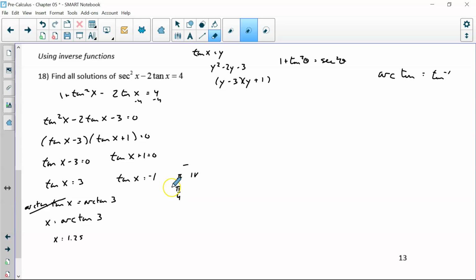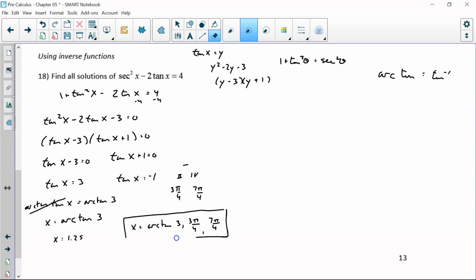So to get us in quadrant 2, 3 pi over 4, and to get us in quadrant 4, it's 7 pi over 4. So now, our solutions. The exact solution would be the arctangent of 3. That 1.25 is a rounded value. 3 pi over 4 and 7 pi over 4. Those are our solutions from 0 to 2 pi.